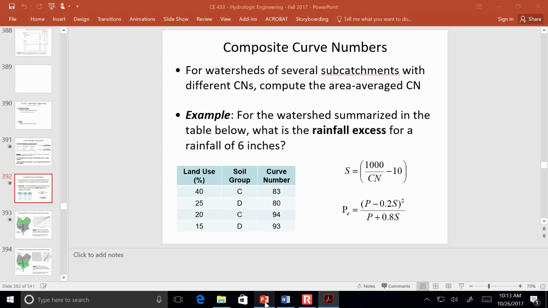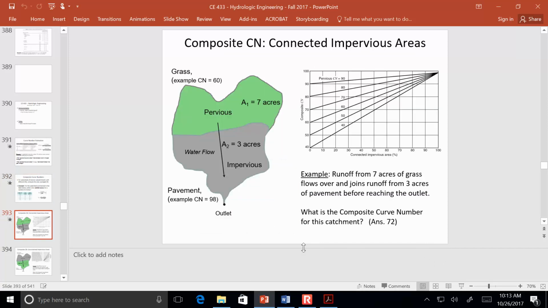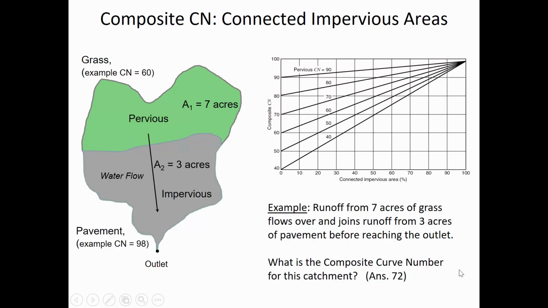So it's simple. What's a little bit less simple, though, is when we have impervious area in a watershed. I'm going to show you a couple of different cases of where pervious area is connected to impervious area. Remember, impervious areas are sections like rooftops or concrete or asphalt.